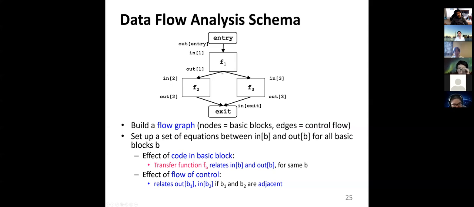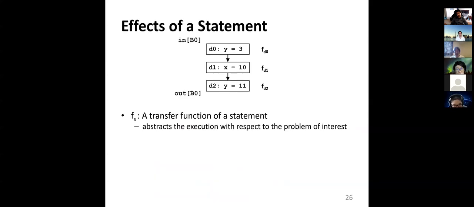So this is across this edge, and similarly across this edge. Those are the equations we're trying to get. The answer to the data flow problem is the solution to these equations. So we write all these equations for what's happening in our code, and then the hope is that the solutions to these equations give us the answer to the questions we want to ask.